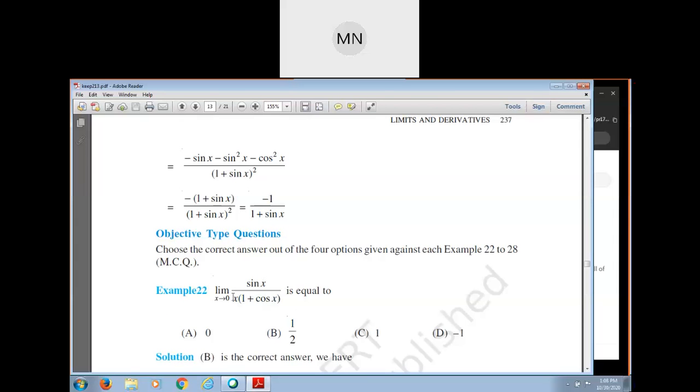Try to find this value. And this one is your homework. All of you are requested to do your homework. First, try to solve the problem. After that, take a photocopy and upload in the group. I will say. Okay?